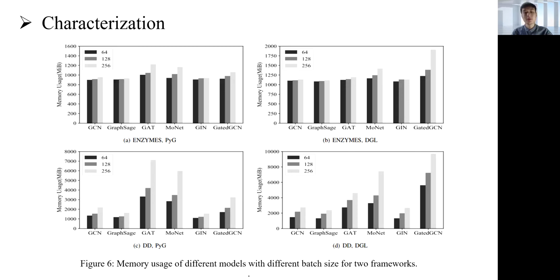The anisotropic models refer to the previously introduced models that use special mechanisms to differentiate learning of neighbor nodes, such as attention mechanism and gating mechanism.